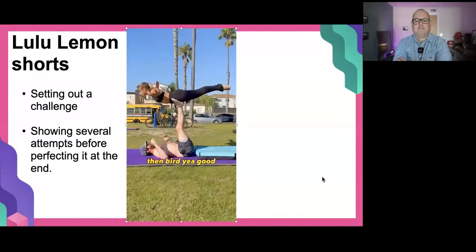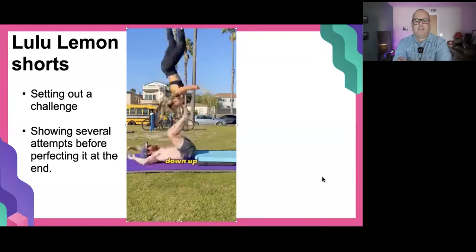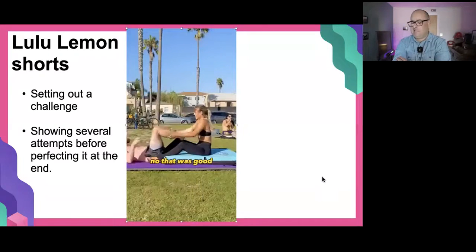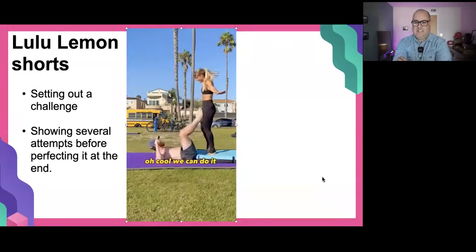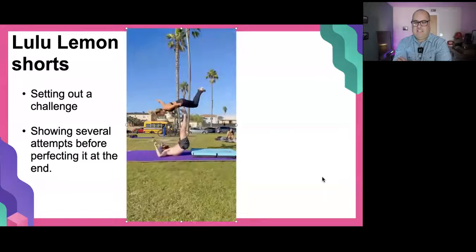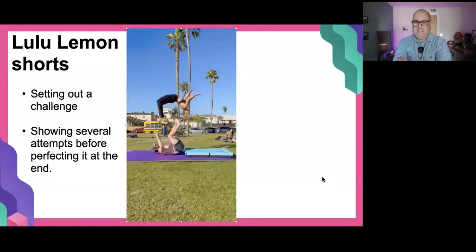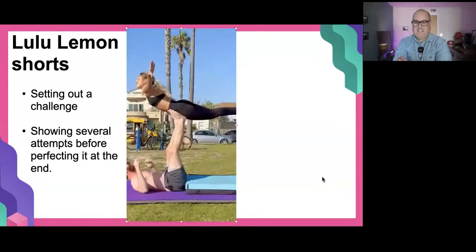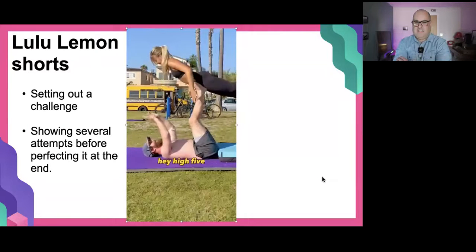Yeah, bird. Good. We'll just keep doing that. And then eventually we'll land in bird. Down. Up. Oh, you okay? Sorry. No, that was good. You can land in bird now. Yeah? Yeah, 1, 2. Down. Up. Oh, cool. We can do it. Down. Up. Almost. Yeah. 1, 2. Down. Up. Oh, I had it. Down. 1, 2. Down. Up. That was it. Nice. That was good. Hey, high five.